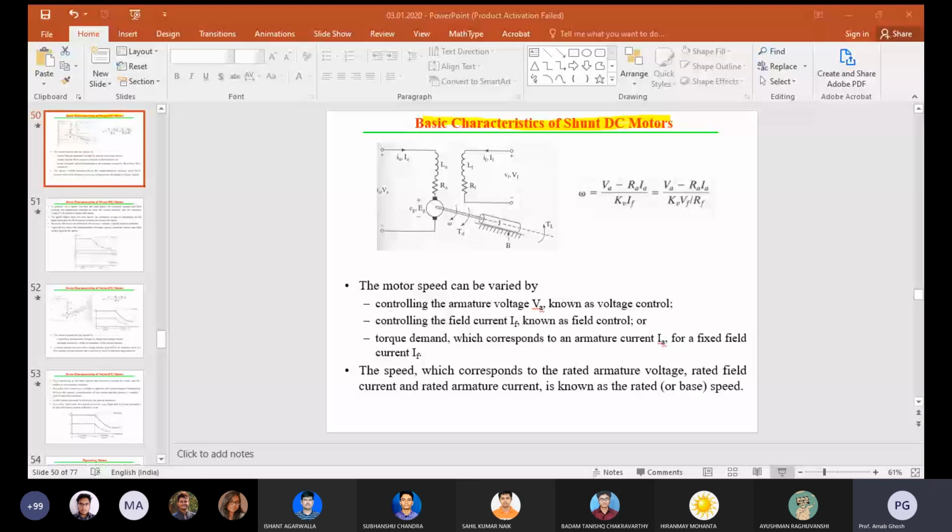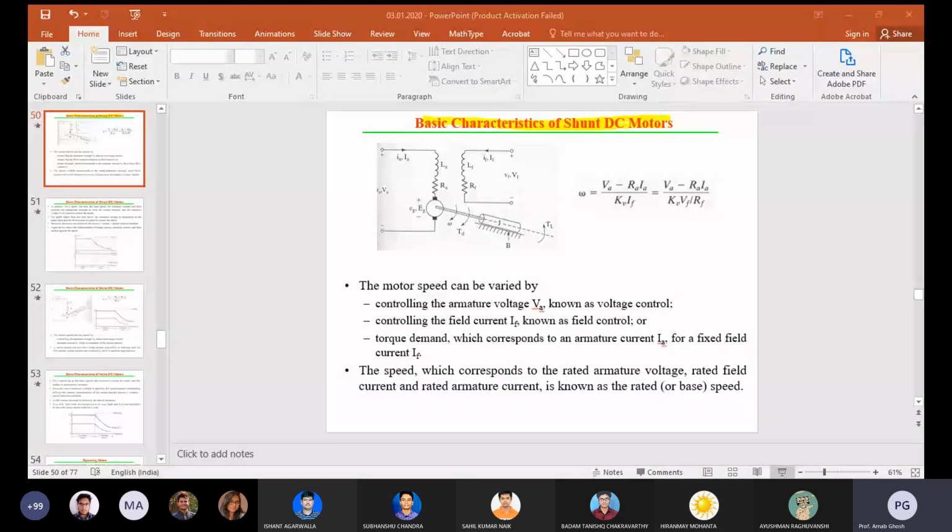Here you can see the arrangement of the motoring mode for the separately excited DC motor and for the series motor. In motoring mode, the back EMF EG is less than your power supply VA. That is happening in motoring mode.